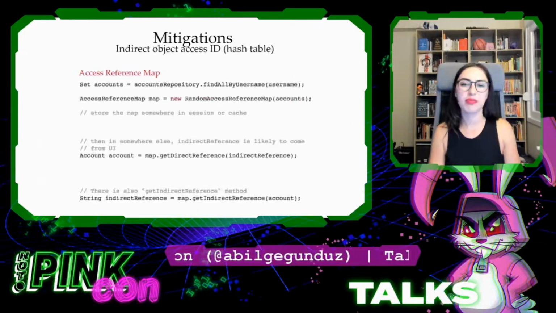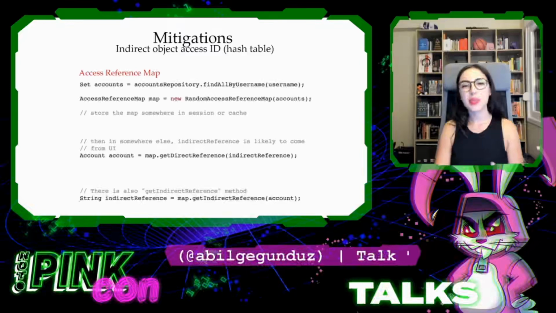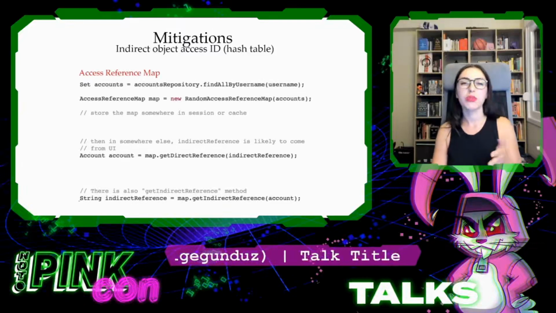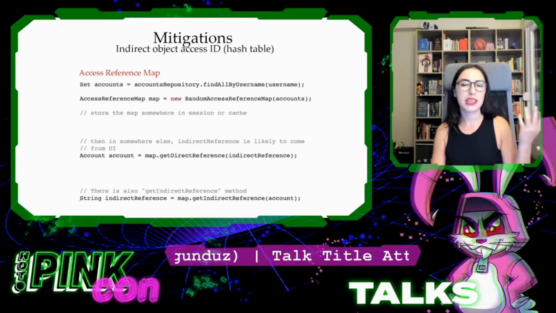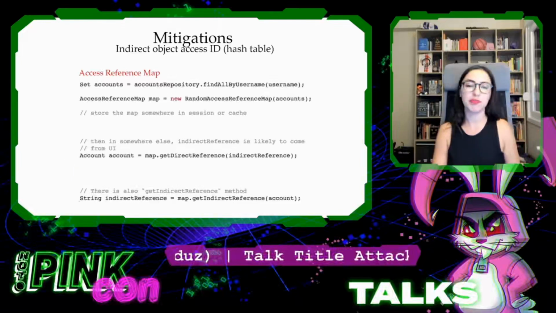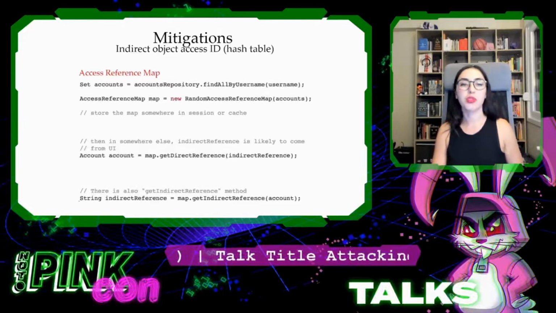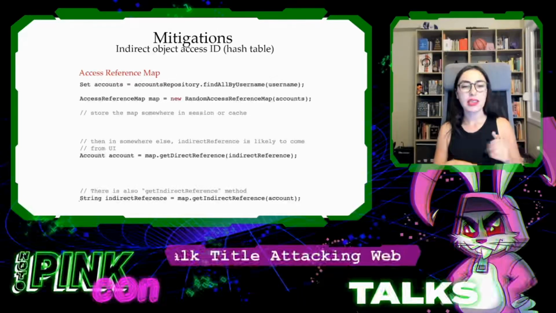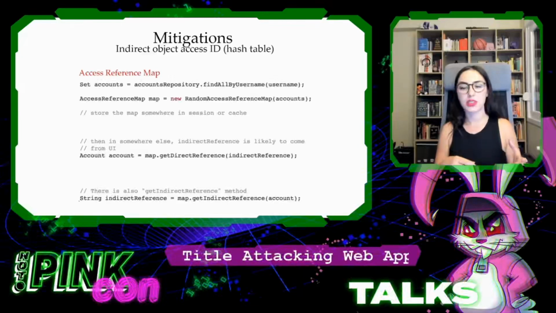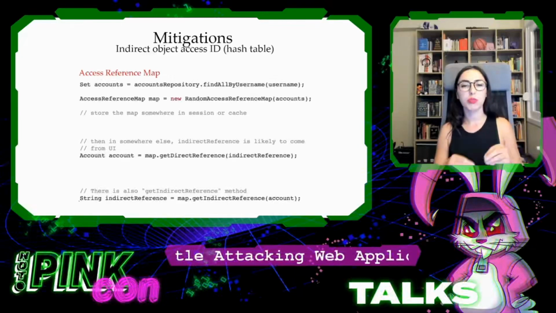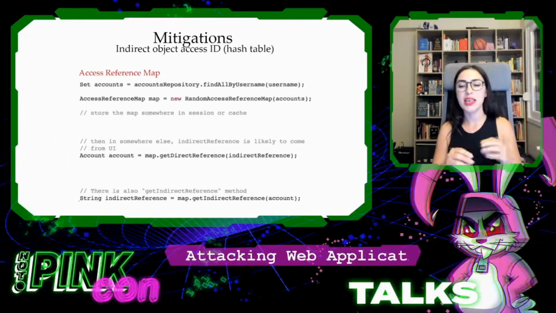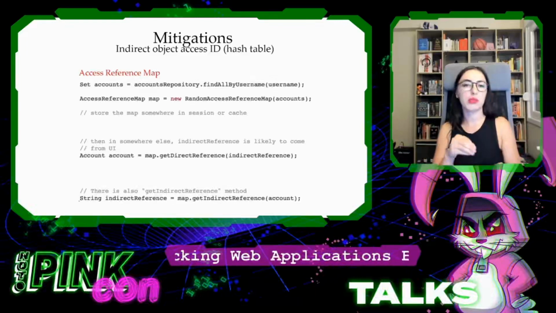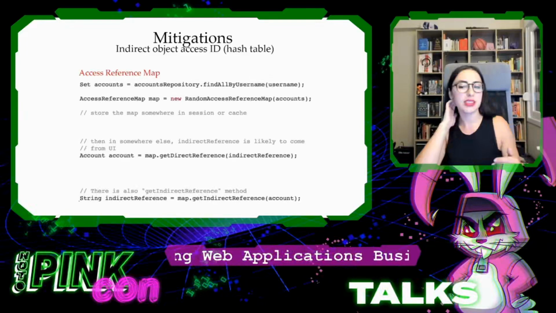So the last one: sometimes it can be really hard to apply the first and second steps on huge applications, like legacy applications usually. So you have auto-incremental object IDs in your system. At this point, you can apply a hash function with salt and create a hash map as key-value pairs, and store them in the session, and when the session ends, they will be deleted, of course.